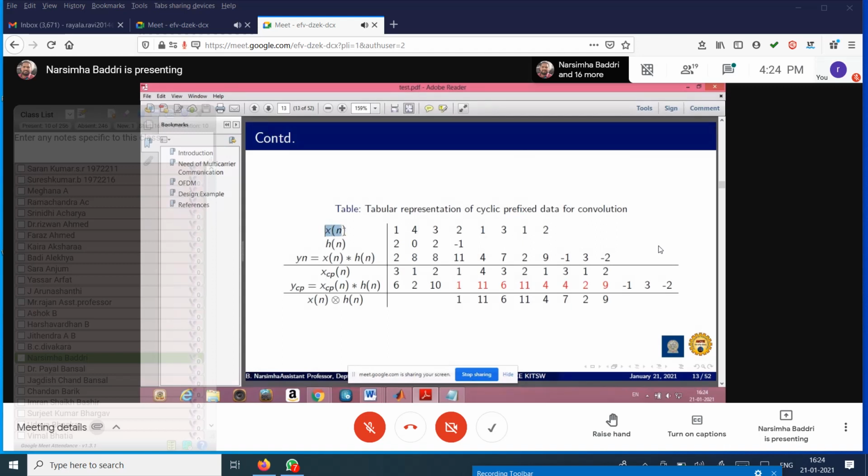You see this one. X of n is in the time domain. Suppose X of n is a sequence 1, 2, 3, something like that. H of n is the impulse response of the system. If you see the sizes of these two, the signal length is very high compared to the channel impulse response. You treat X of n as a signal and H of n as an impulse response.